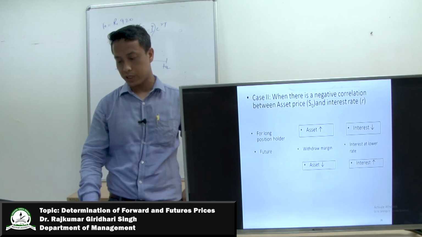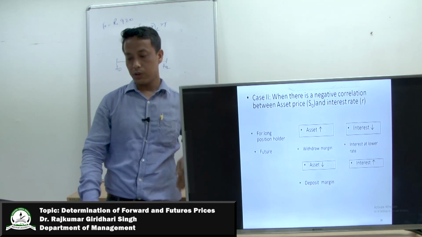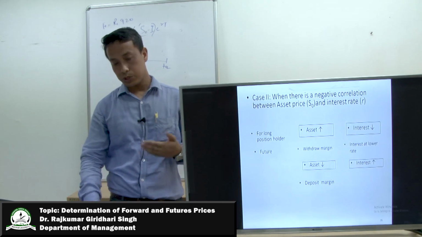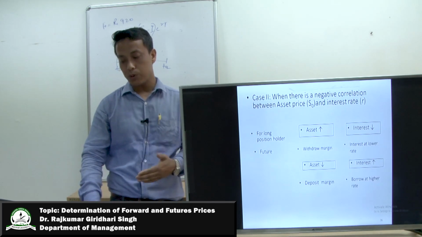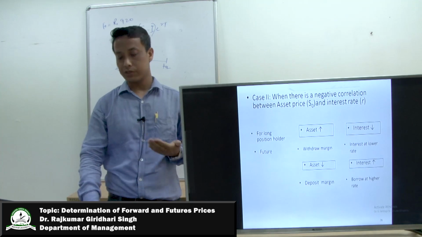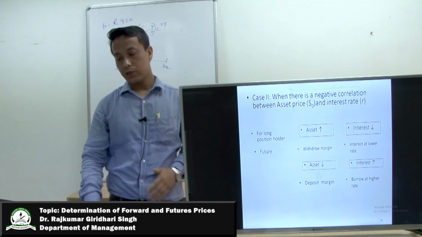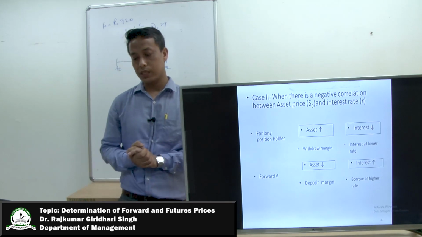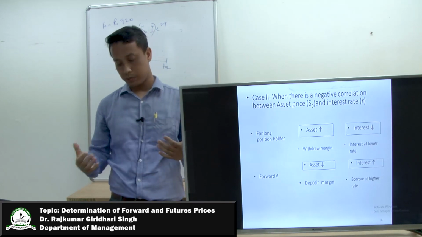Similar is the case when your assets are falling: you have to bring in more money and deposit your margin, and you end up borrowing at a higher rate of interest. So in this case, our recommendation is not futures, but rather forward, because here we don't have to bring in any margin.